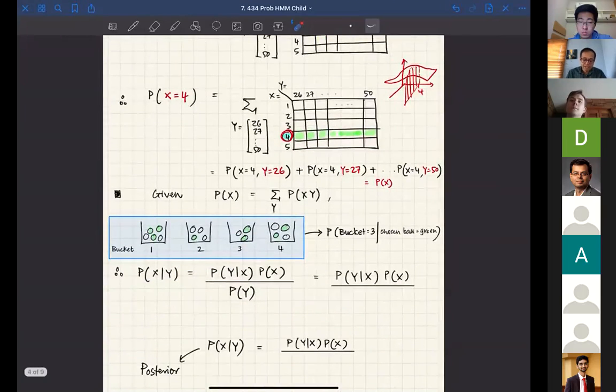So if that is clear, now given Px equals sigma over Y of Pxy, what is that posterior?